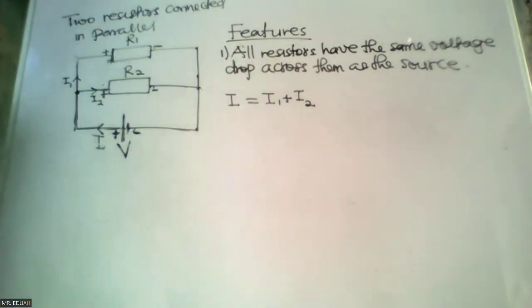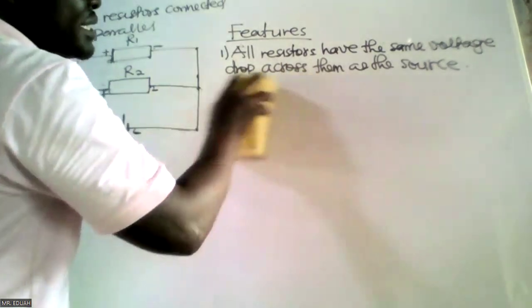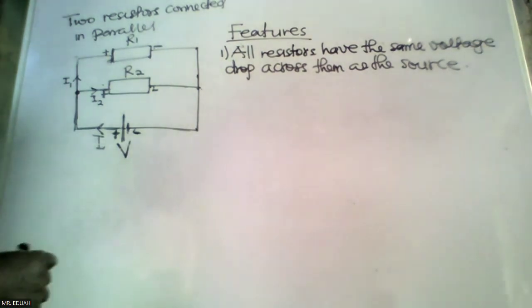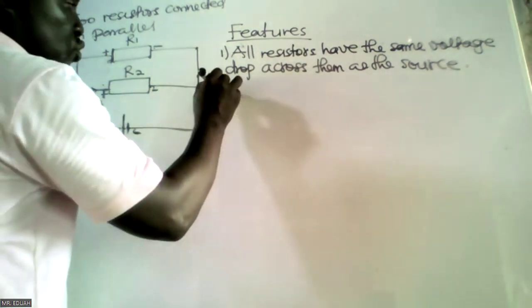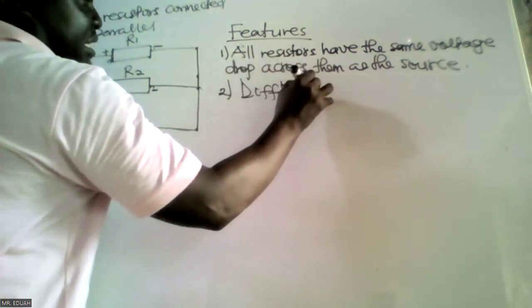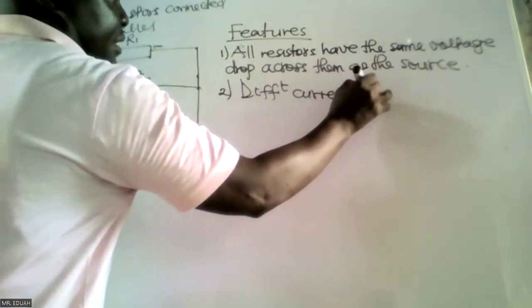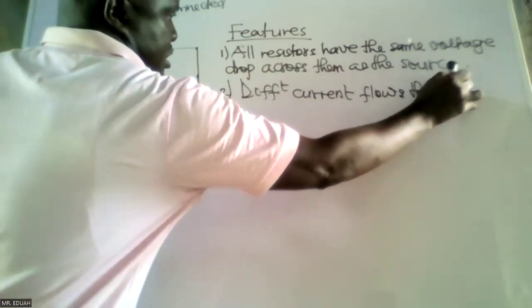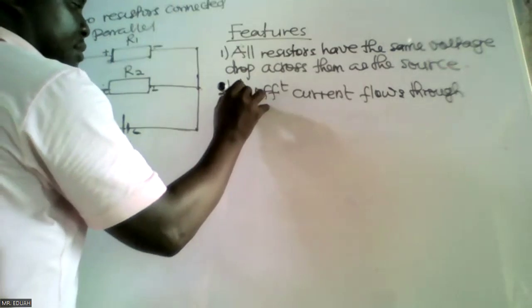So in a parallel connection, all resistors have the same voltage drop or potential difference, but different current flows through them.